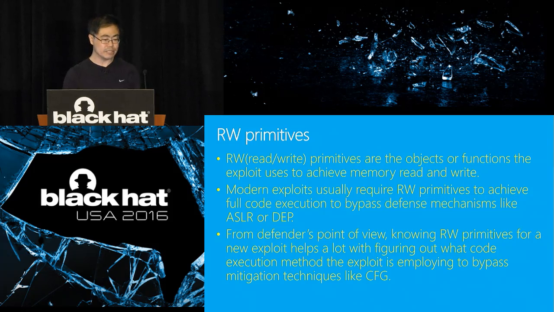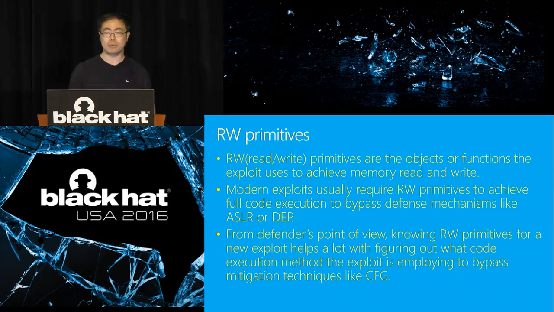RW primitive doesn't mean you get the RCE. Even though you have full read and write privilege on your target process, you still can fail to achieve RCE. That's the whole theme here: how we are blocking the execution of code even though they have RW primitives, and how the attackers are working around those.